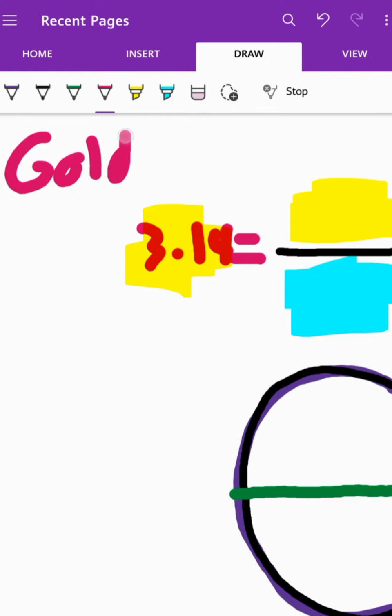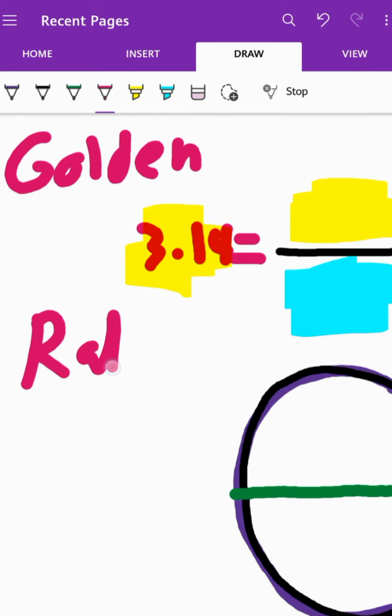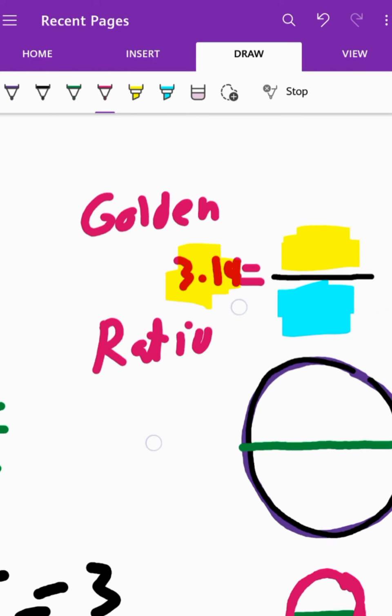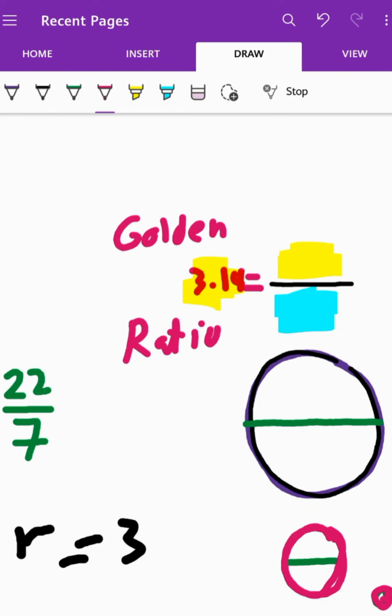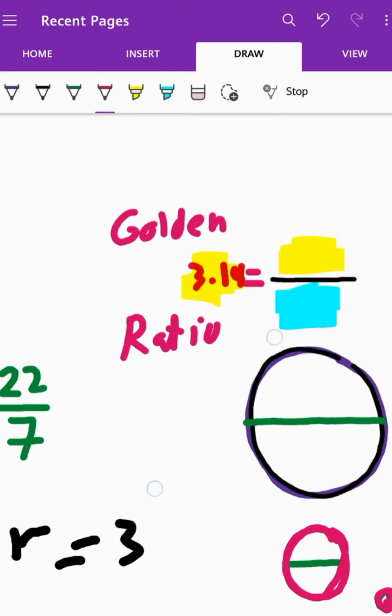This 3.14 is a golden ratio. Ratio between what and what? Between the circumference and the diameter. What do you divide up and down?